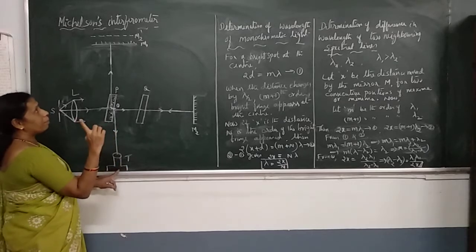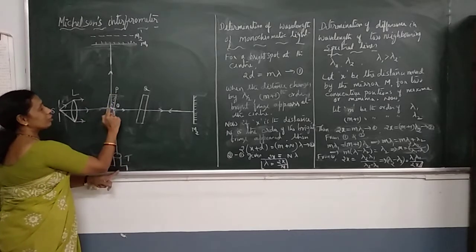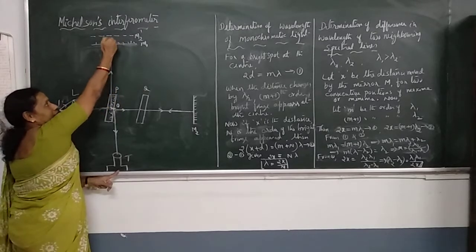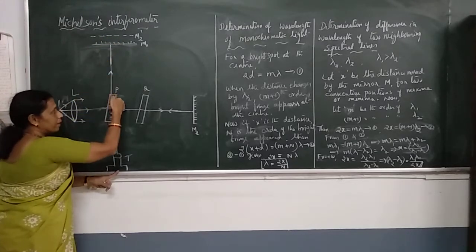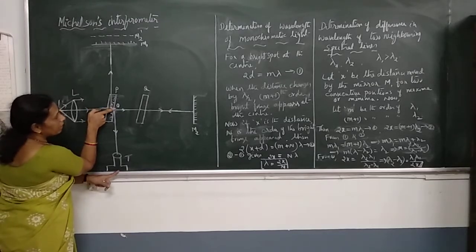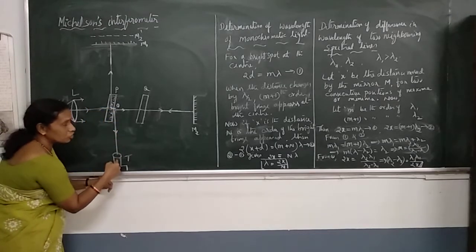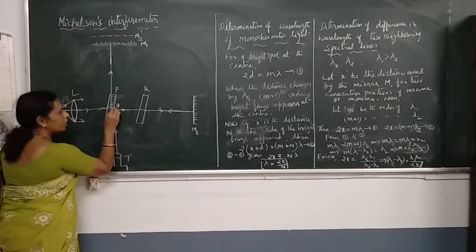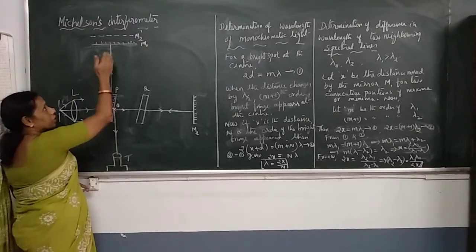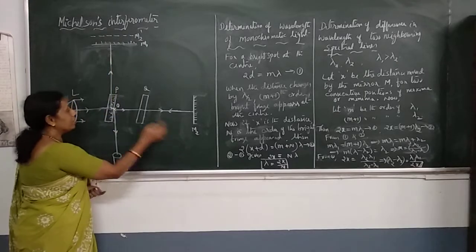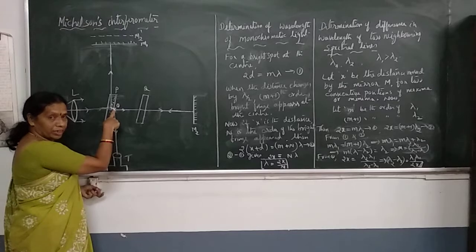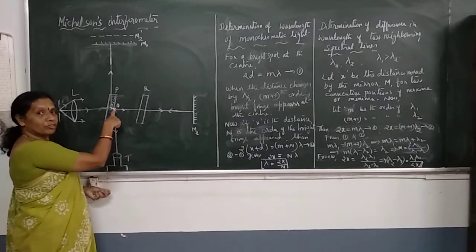Whereas the ray which has been reflected towards M1 gets reflected from there, comes back along the same path, passes through the plate P again, and then travels along this path. At this point O, the two reflected rays, the rays reflected from M1 and M2, meet each other. They interfere to produce the interference fringes.